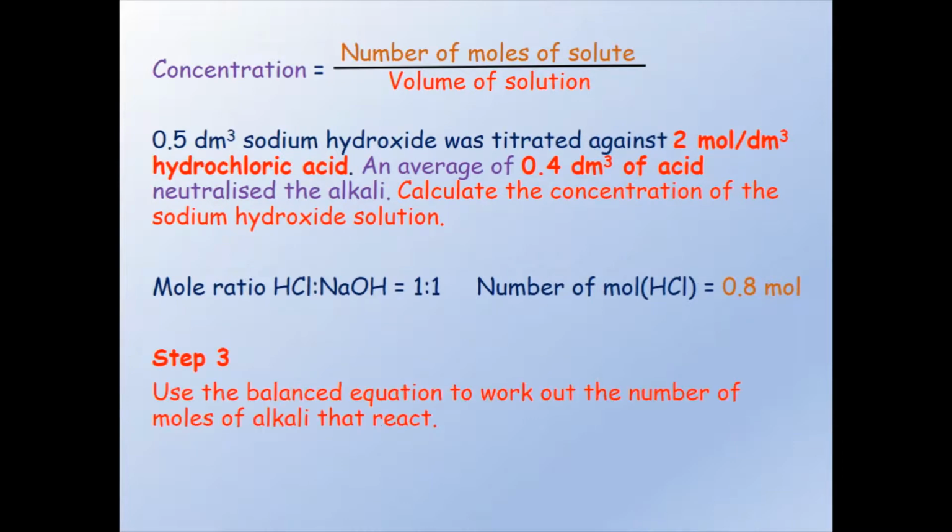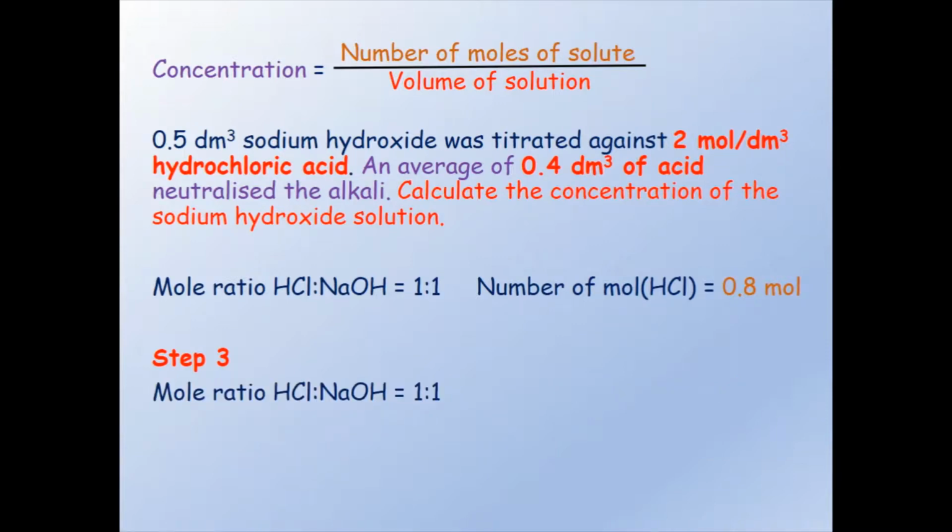Step 3. Use the balanced equation to work out the number of moles of alkali that react. We already know the mole ratio, so we do not need the balanced equation here. And the mole ratio of hydrochloric acid to sodium hydroxide is 1:1.